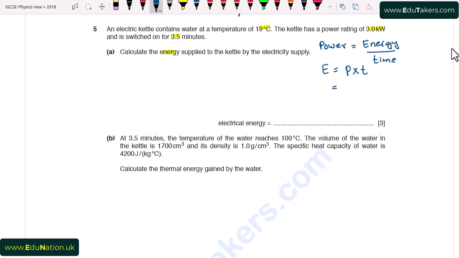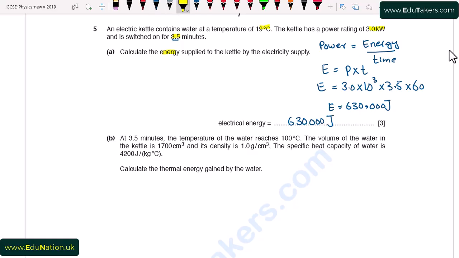By putting values, power is 3.0 kilowatt and we have to convert it into watt, that's why I multiply it by 1000, that is 10 to the power 3. And time is 3.5 minutes and we have to convert this time into seconds, that's why I write 3.5 multiplied by 60. So the energy comes to be 630,000 joules. So I write here electrical energy is equal to 630,000 joules.